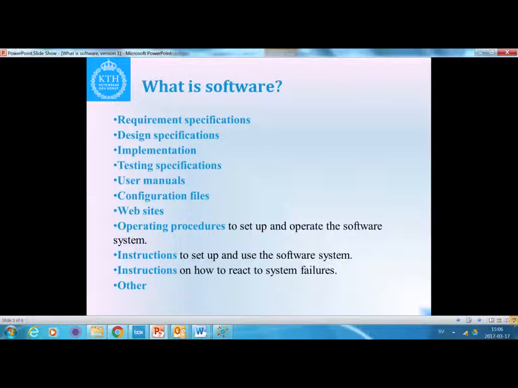Configuration files telling how to configure the software system, various websites informing about the system, operating procedures telling how to set up and operate the software system, various instructions such as instructions to set up and use the software system, or instruction on how to react to system failures, and of course other things.